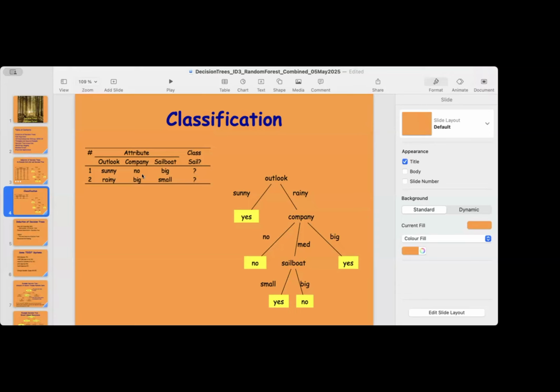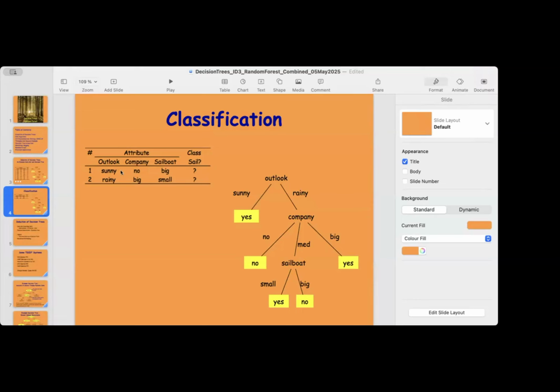This means if it is sunny, we have no company and a big boat. What is the class? Is the class yes or no? Is it okay to go ahead into the water? Well, the only thing we need to do to answer this question is just traverse the tree.